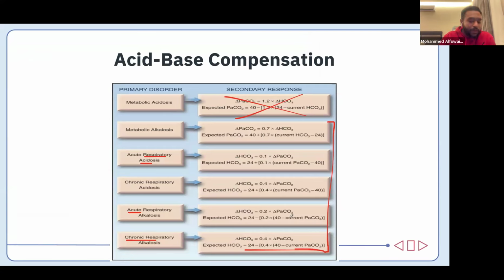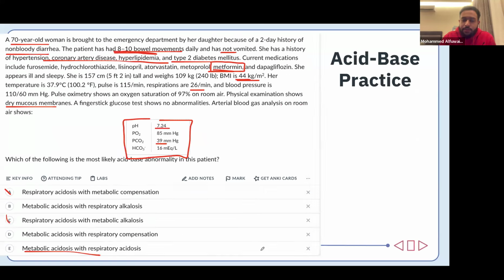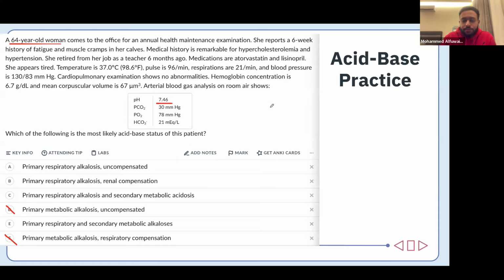Do this one, ignore this one. I'll explain why I chose this one and not that one in a second. Now let's memorize this formula and apply it here. Tell me if it's compensated or is there a secondary disease?